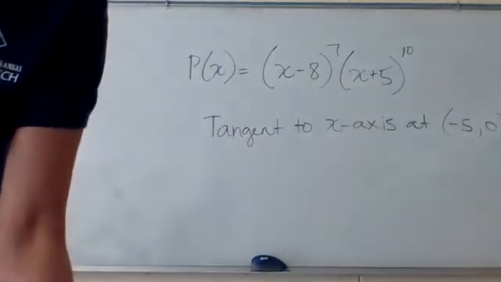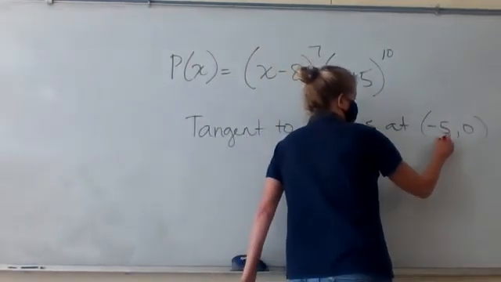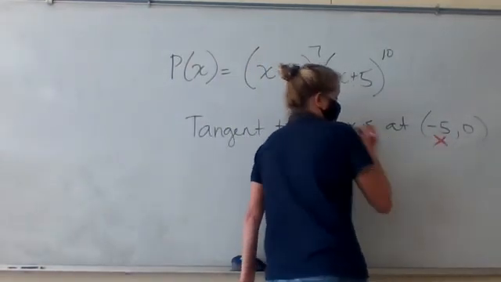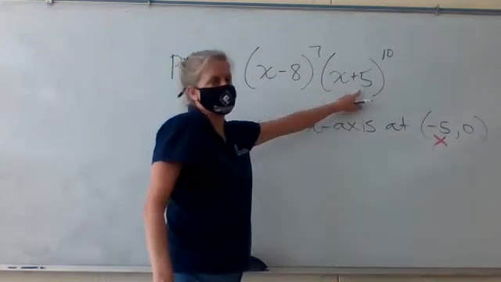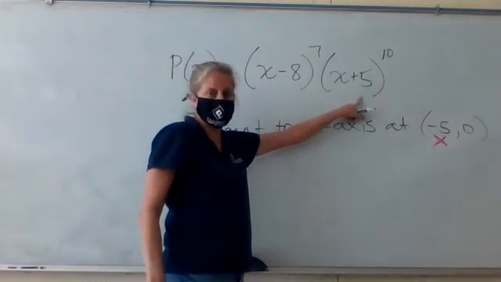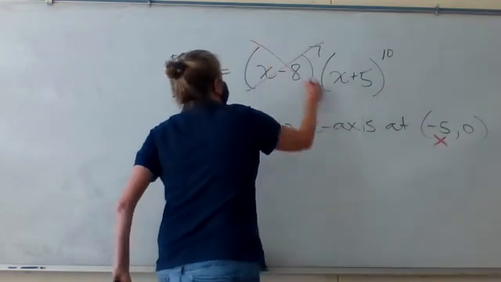So where did that x-intercept come from? This is the x-intercept. At -5, which factor did that come from? Came from this factor, right? The x plus 5 factor gives me a (-5, 0). So I totally ignore that.